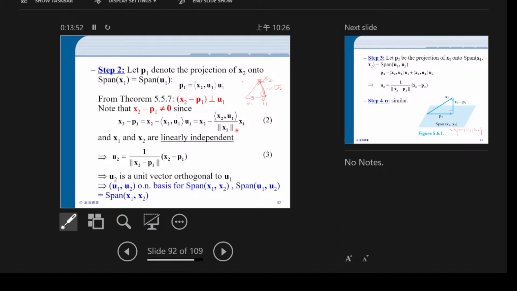Because we have a non-zero coefficient on x2, we know x1 and x2 are linearly independent, so adding them together will not give a zero vector. Okay, so we check that we use that x1, x2 are linearly independent.